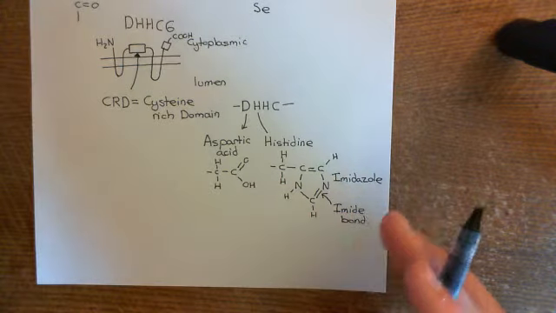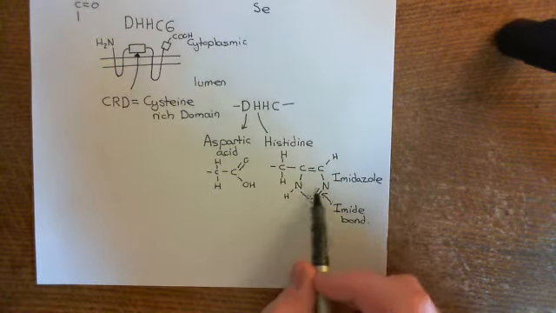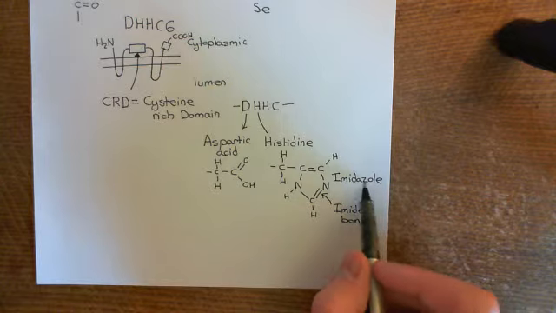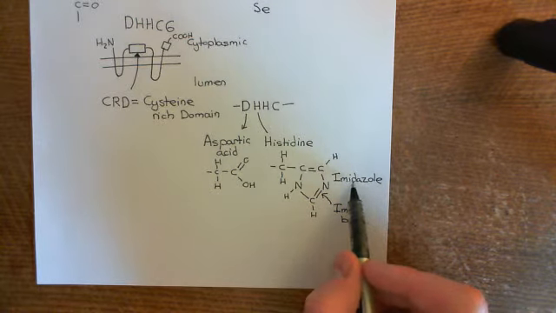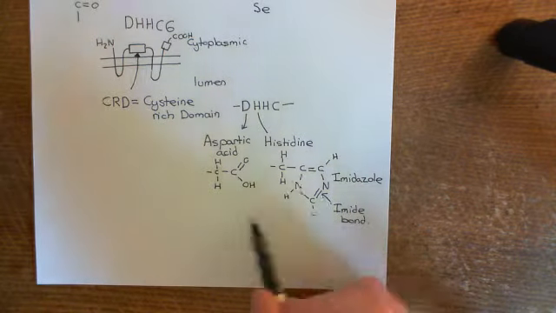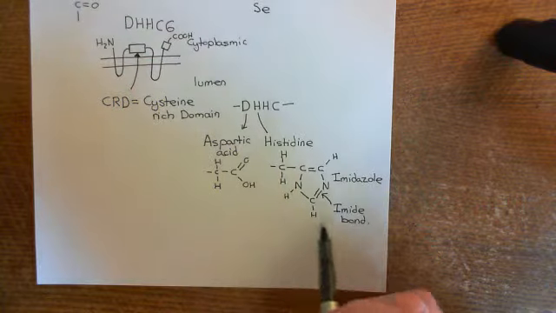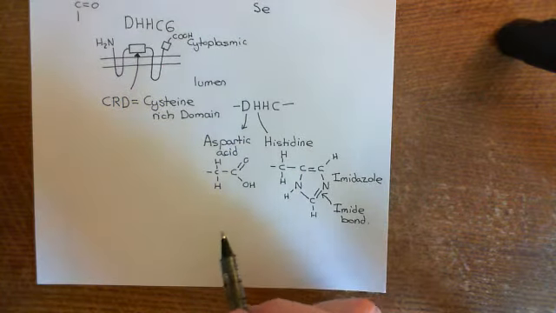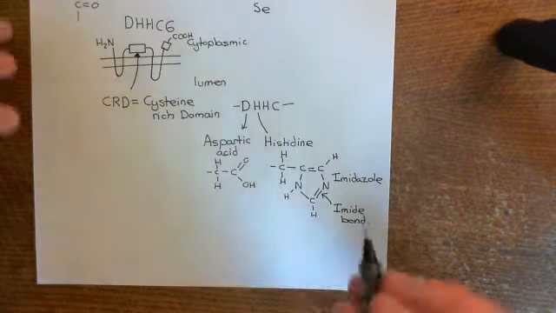Now we have 2 nitrogens, so the diazole there kind of reflects the fact that you have 2 nitrogens, because it's kind of like diazo, 2 nitrogens. So imidazole, that's the logic behind this name here. Okay, so that's the R group of a histidine amino acid.